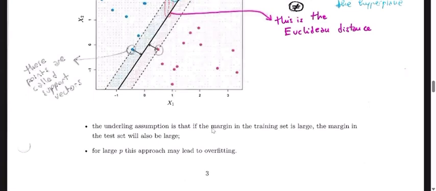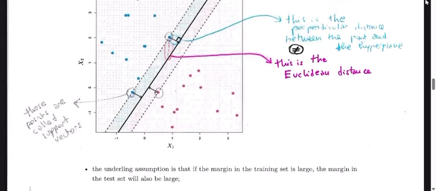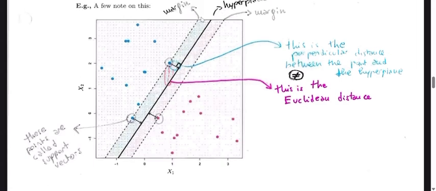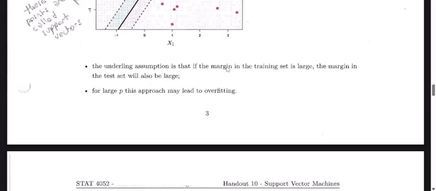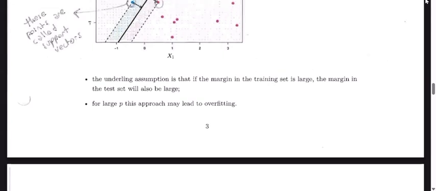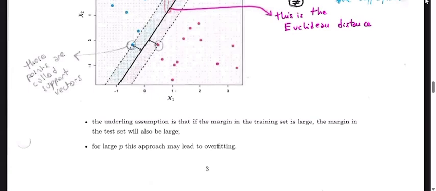The underlying assumption is that if the margin in the training set is large, then the margin in the test set will also be large. What I mean by margin is the dotted line. How do I get a dotted line? That is where the closest points in a particular class are, and there's a margin here too, the closest to the upper plane. That's what I mean by margin.